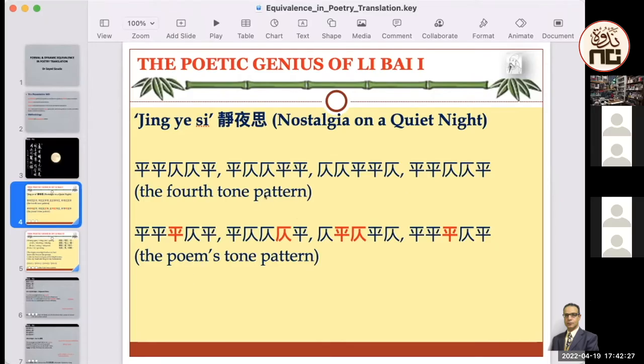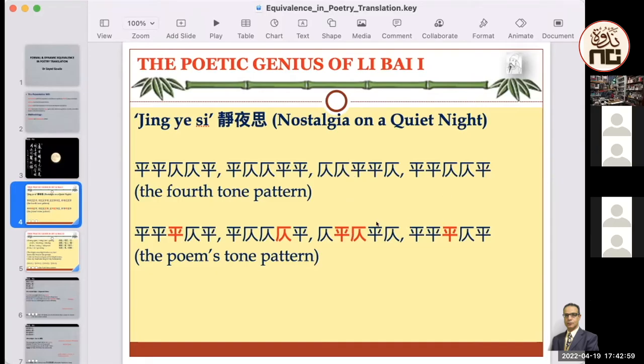However, Li Bai made some changes. He made a few inversions in the poem at his will, without following a certain rule, but he changed the third zi into ping, and the fourth ping into zi, and the second and the third from zi ping into ping zi.